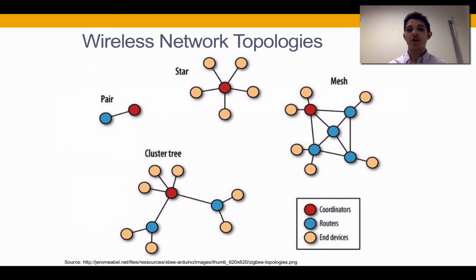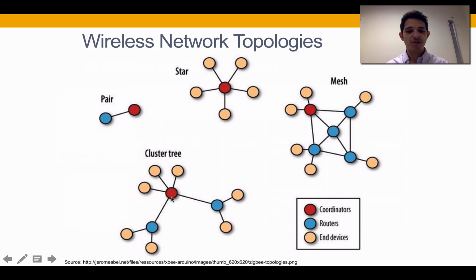For example, a star topology, or an N to 1, so you have N nodes that might each be in communication with a single central node. This is like a hub. We call this a star topology, or I like to call it N to 1.